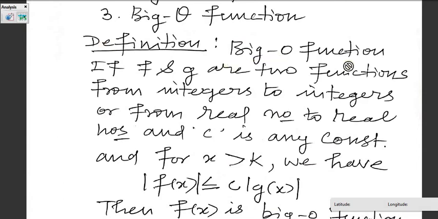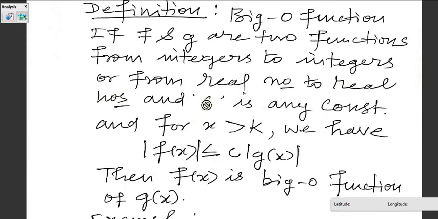Definition of the big O function. Suppose that f and g are two functions from the integers to integers or from real numbers to real numbers, and suppose that there exists c, where c is a constant. Then for every x greater than k, we should have this relation satisfied.